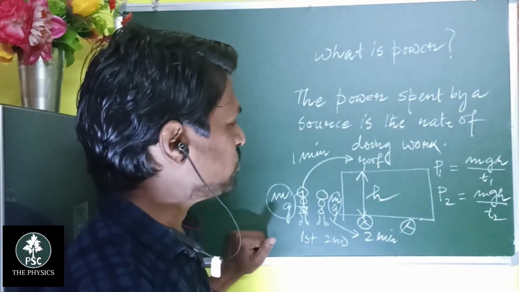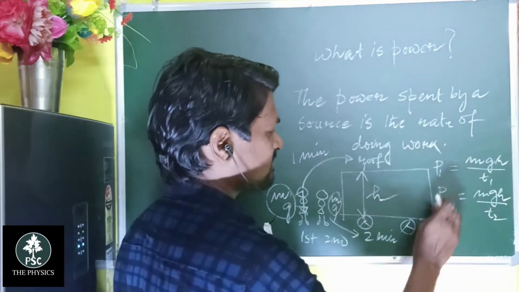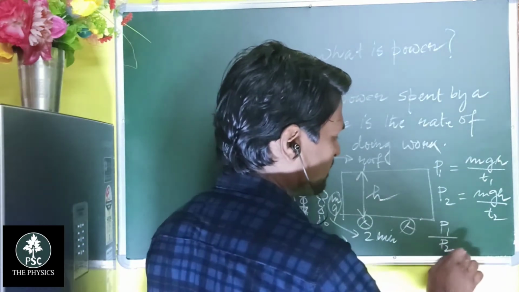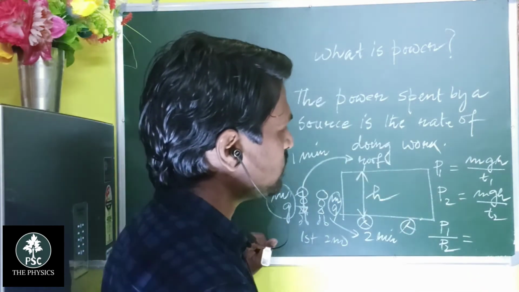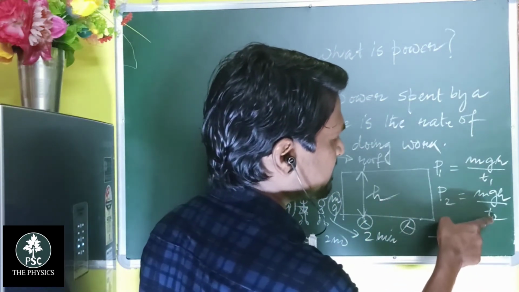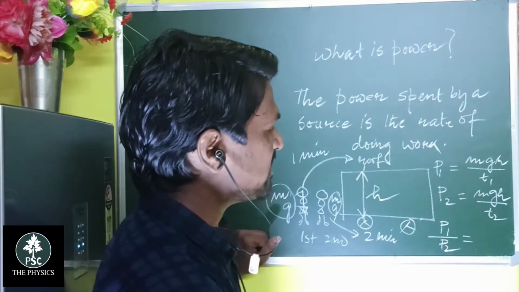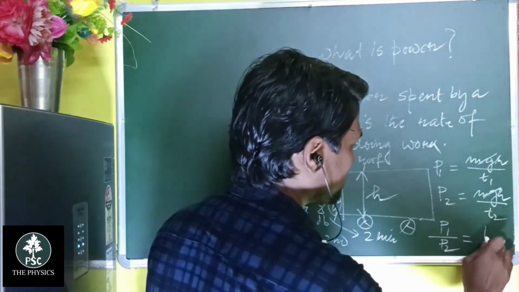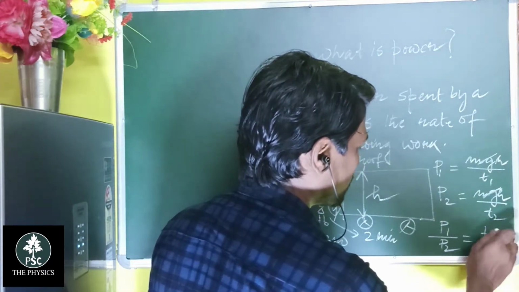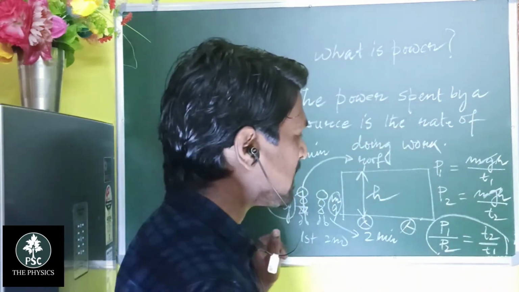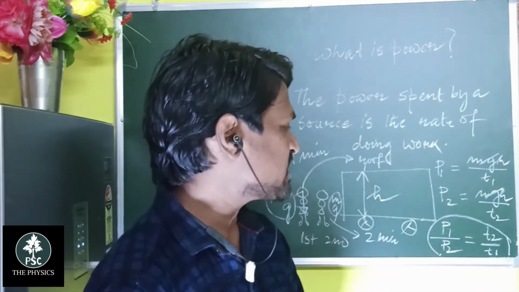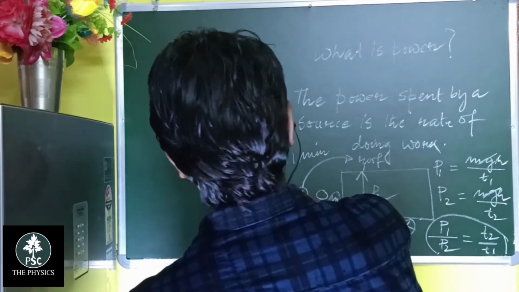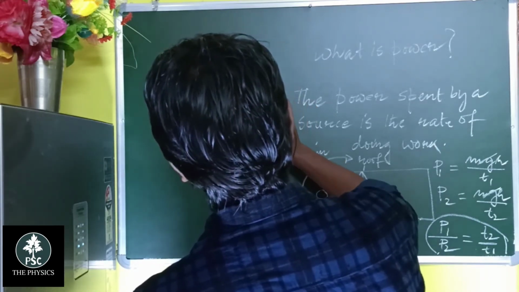So P1 by P2 equals this by this, then T2 goes into the numerator. mg and mg cancel, and this is T1. So you can easily say that the power is the reciprocal of time. So P1 by P2 equals T2 by T1.